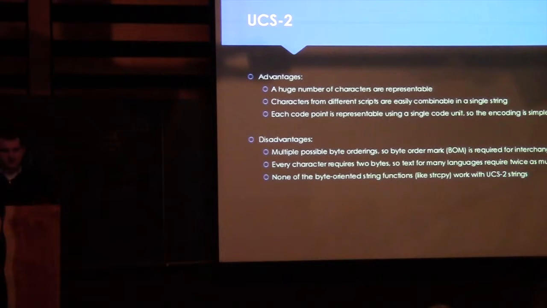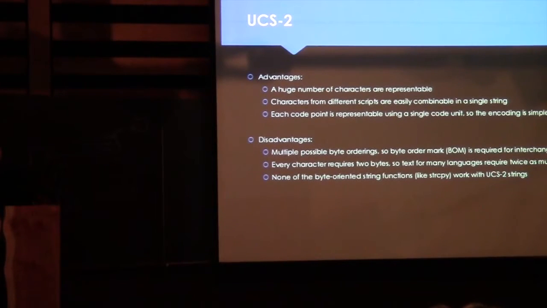So UCS2 has a number of advantages. There's a huge number of characters that are representable. I mean, 65,000 characters has got to be enough, right? Characters from different scripts are easily combinable into a single string. And each code point is representable using a single code unit, so we don't have any of those multi-byte encoding problems. It's much easier to work with the text. But there are some substantial disadvantages. There are multiple possible byte orderings.